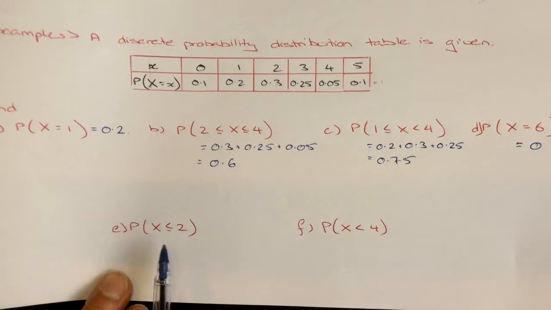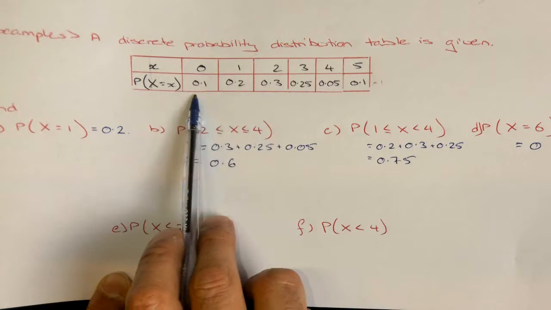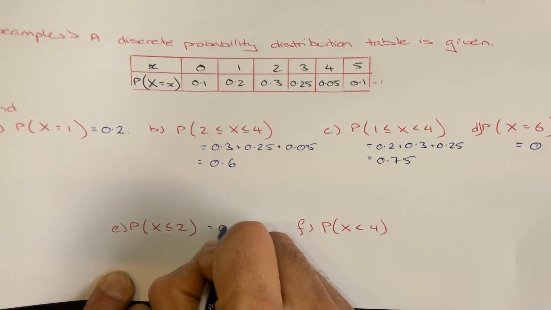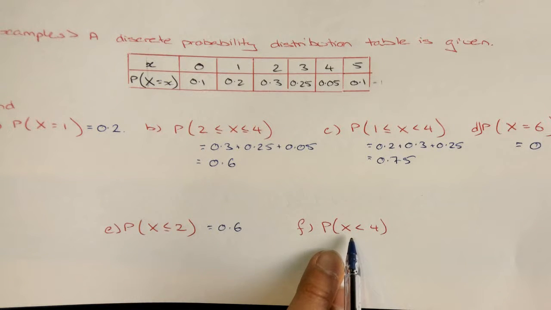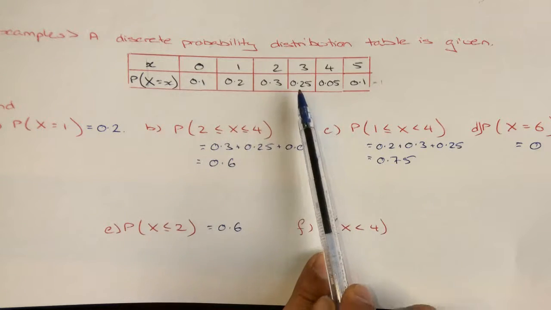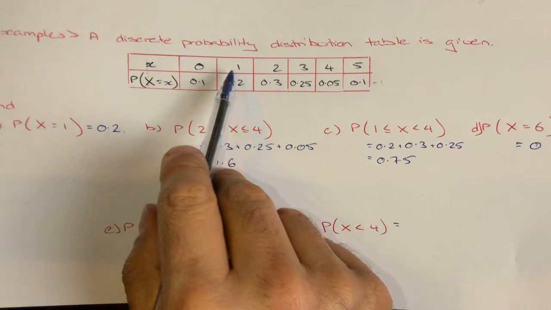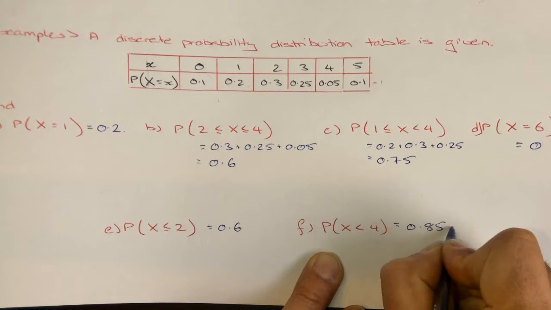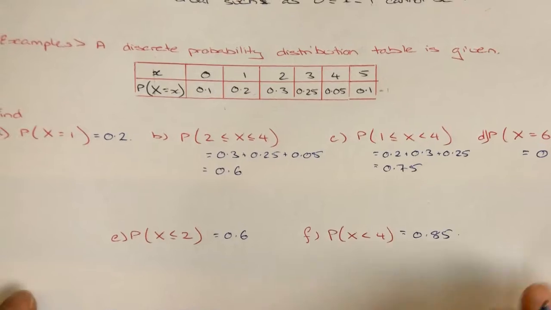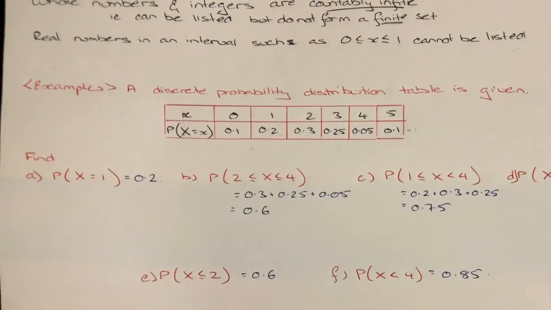The probability of it being less than or equal to 2 is 0.3 plus 0.3, which is 0.6. And the probability of the value being less than 4, we just add these numbers together, which is 0.85. And that's how you use the discrete probability distribution to calculate probabilities.